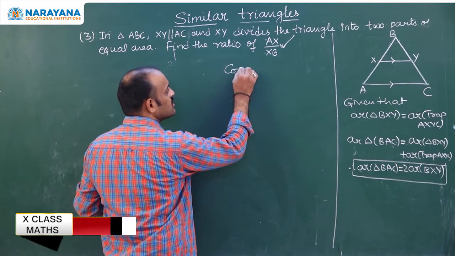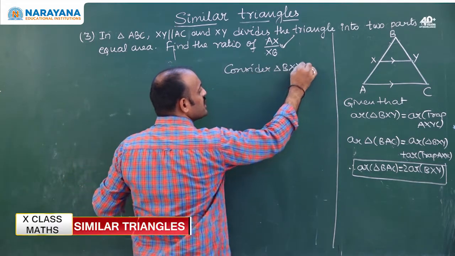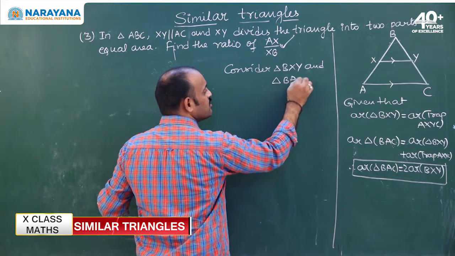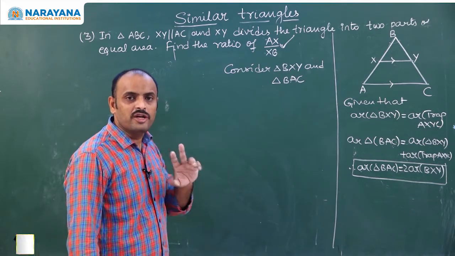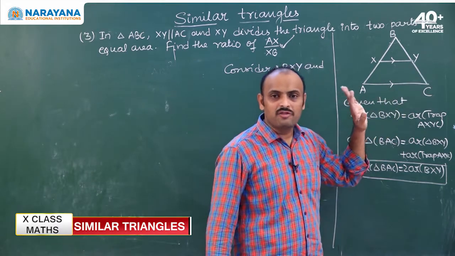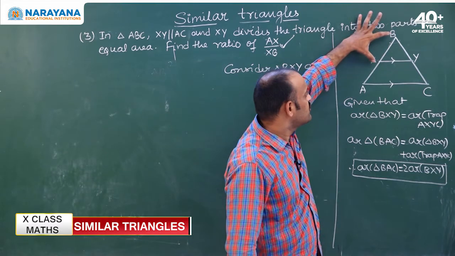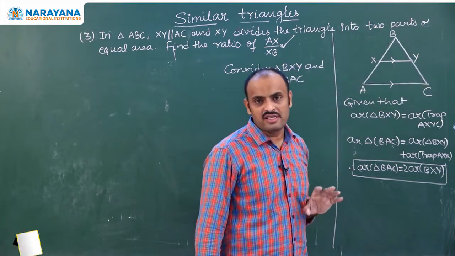Consider triangle BXY and triangle BAC. There are only two ways. As these two are parallel, I can make use of the basic proportionality theorem. Then I will get the ratio BX by XA is equal to BY by YC.